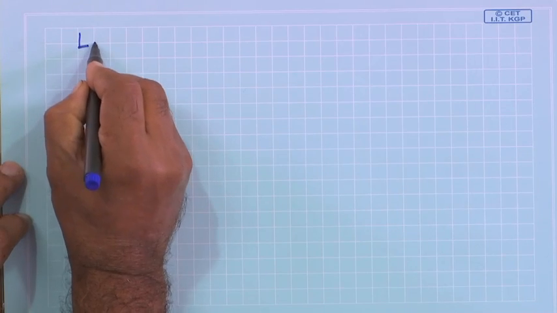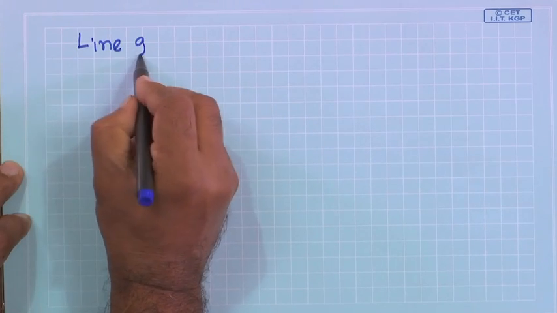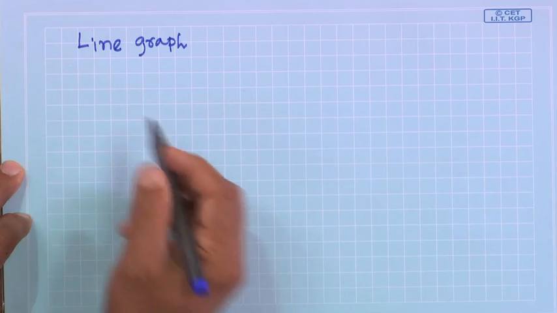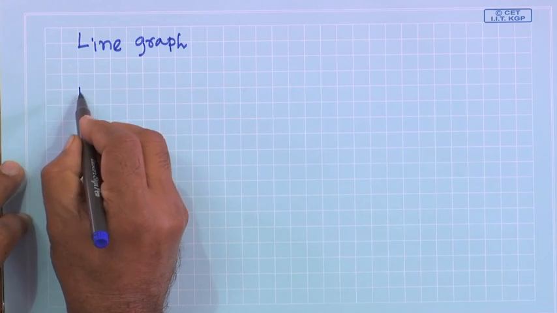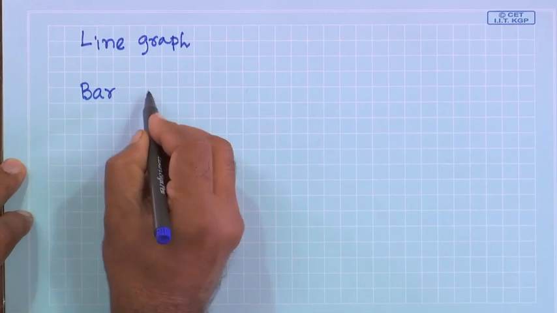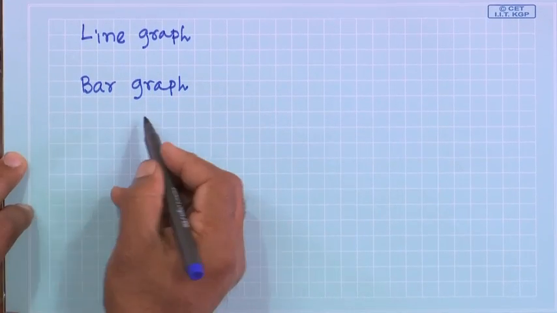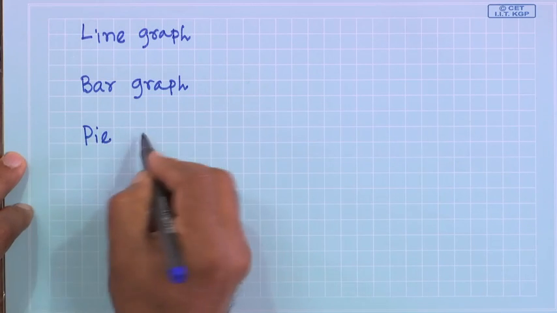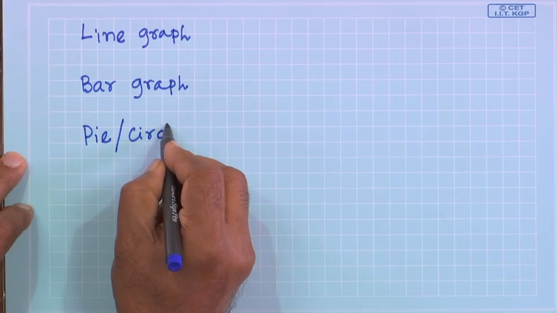One is the line graph, another is the bar graph, and the third type is the pie graph, also called the circle graph.